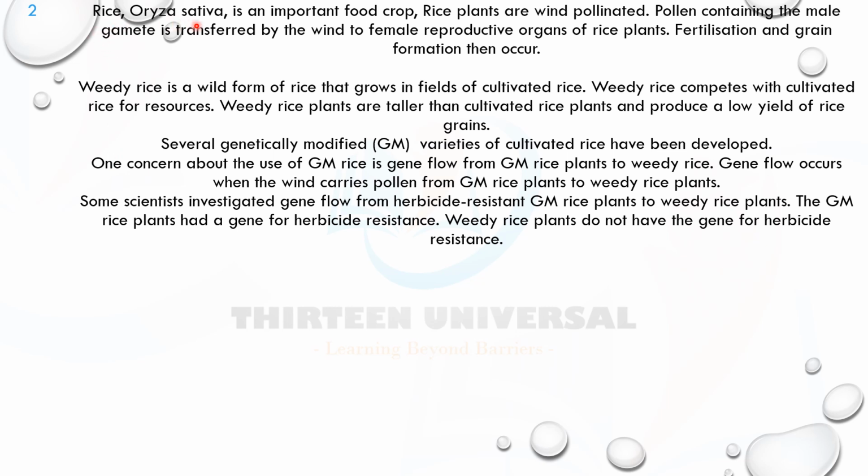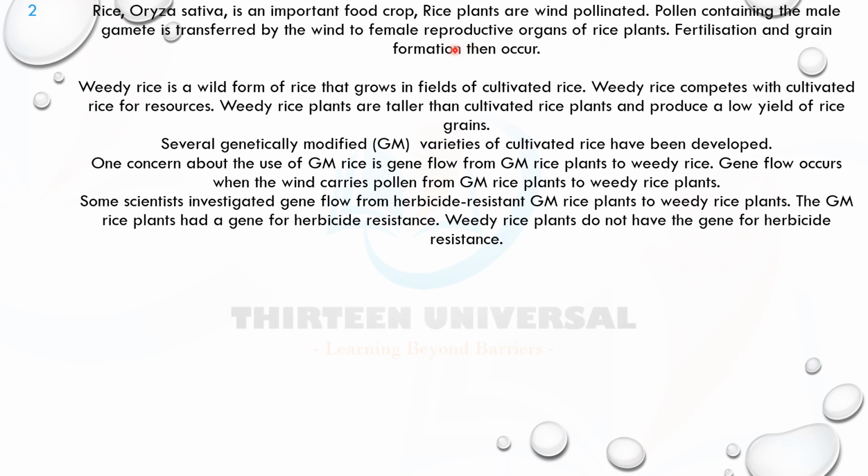Come on. Rice, Oryza sativa, is an important food crop. Rice plants are wind pollinated, with pollen containing the male gametes. Pollen containing the male gamete is transferred by the wind to the female reproductive organs of rice plants.